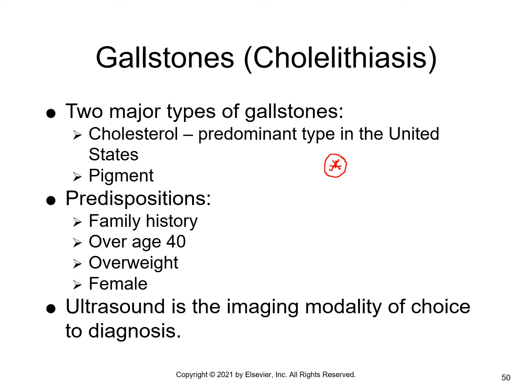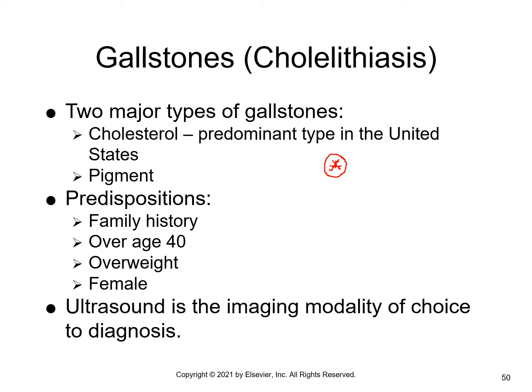Now, there are some things that predispose people to having gallstones, and they can be called the 4 Fs, or some people call them the 5 Fs. One of them would be female, fat, 40, flatulent, and fair. What that means is females are more likely. If they're overweight, they're more likely.